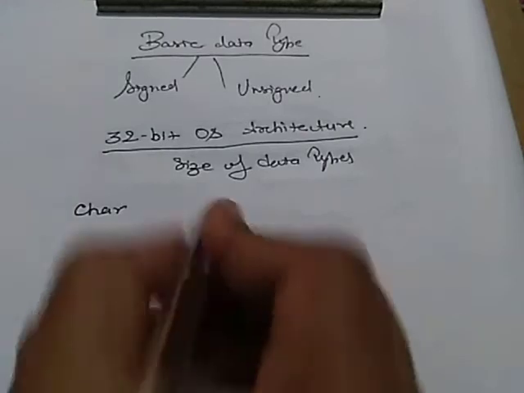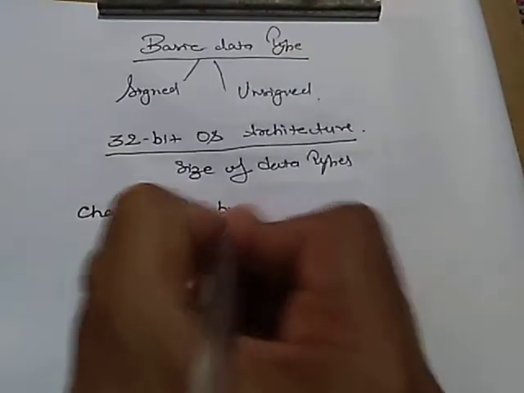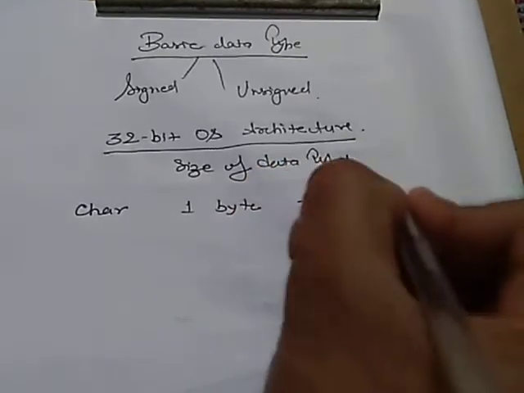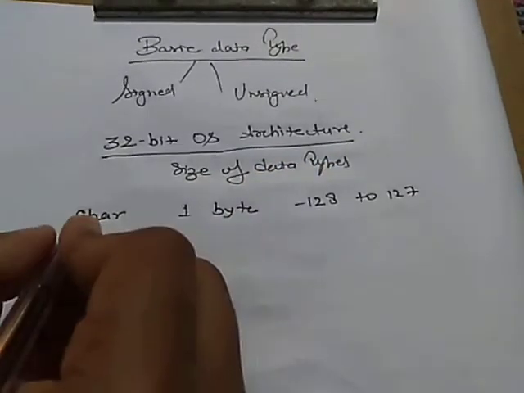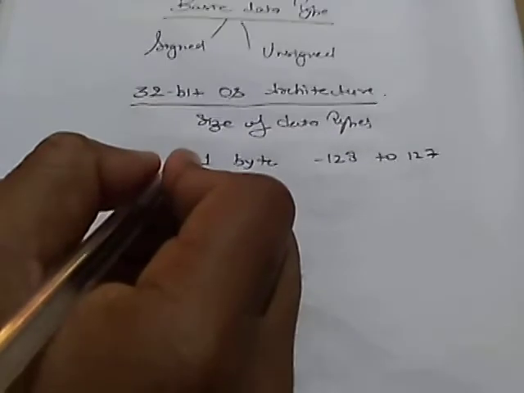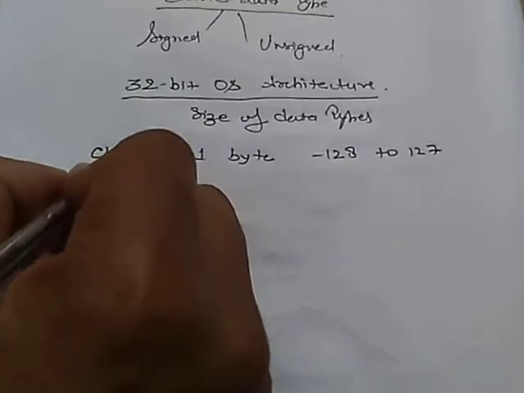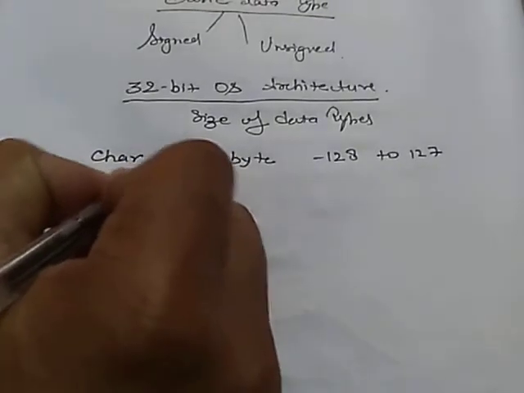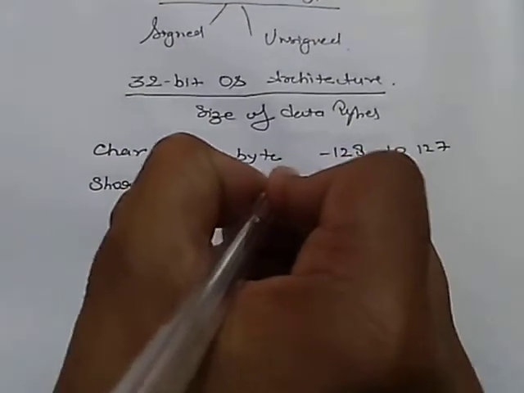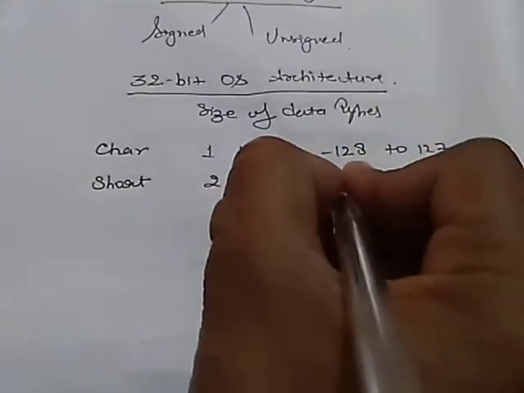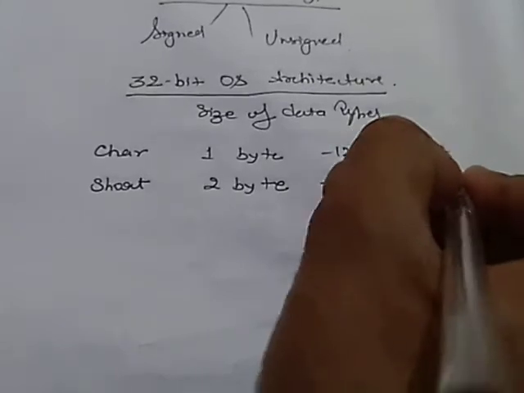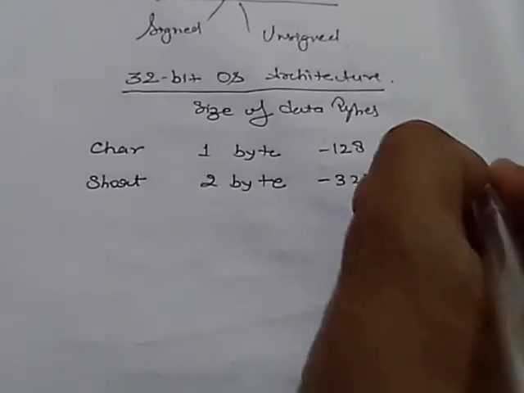Character takes 1 byte of memory and its range is from -128 to 127. In case of signed and unsigned, both will take 1 byte. Now another we have short that takes 2 bytes and its range is from -32768 to 32767.